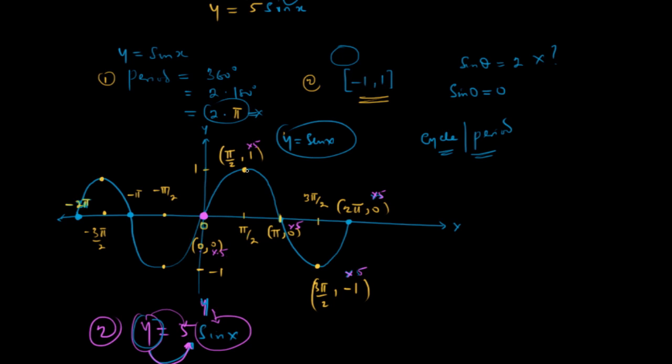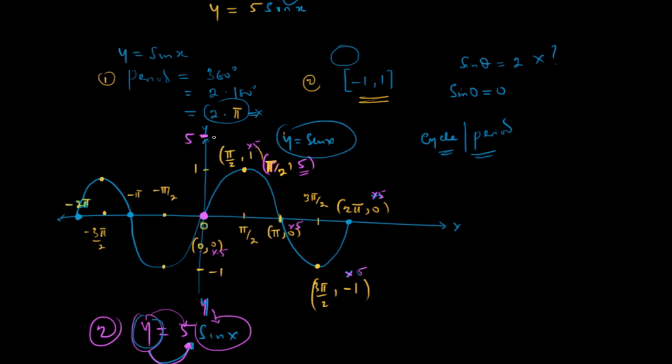When you multiply this one by 5, the new coordinate you obtain is going to be (pi over 2, 5). This is going to be the new coordinate. So since the y coordinate is 5, corresponding to this, it should be somewhere here.